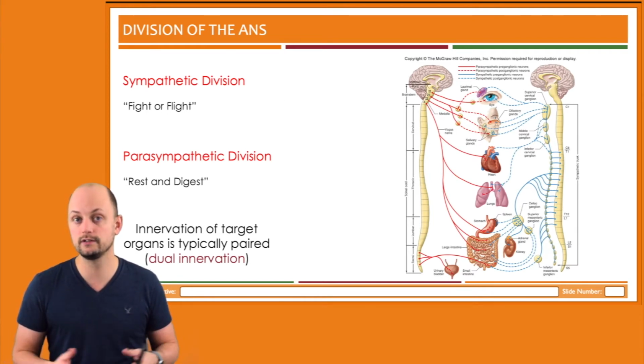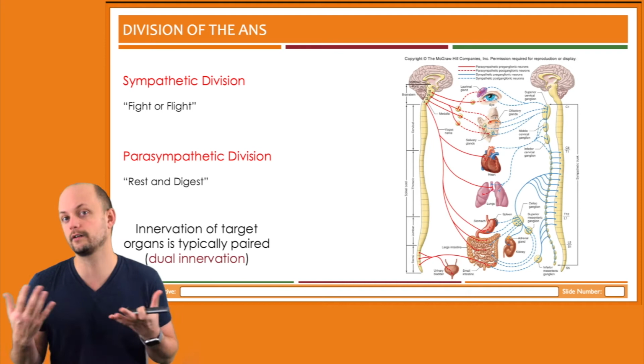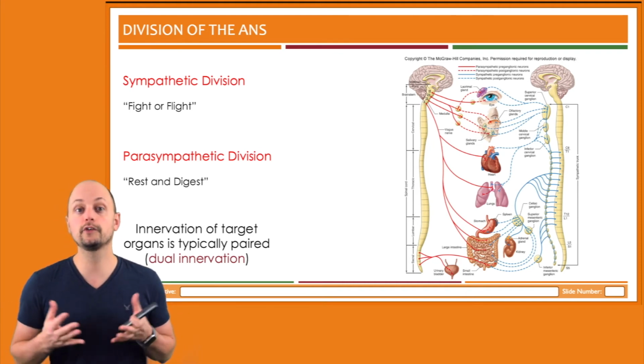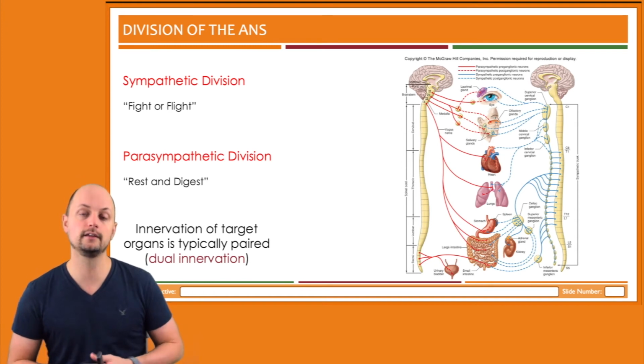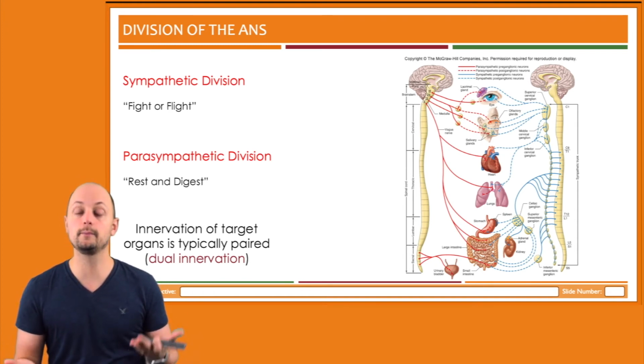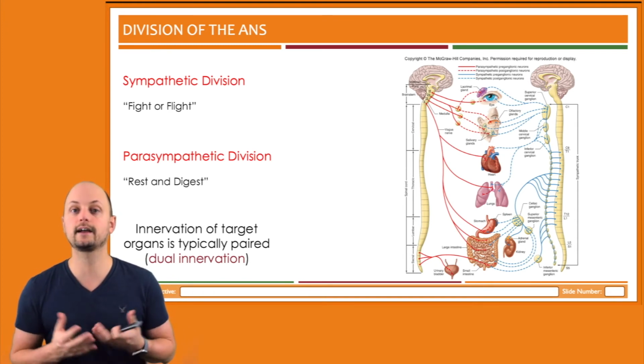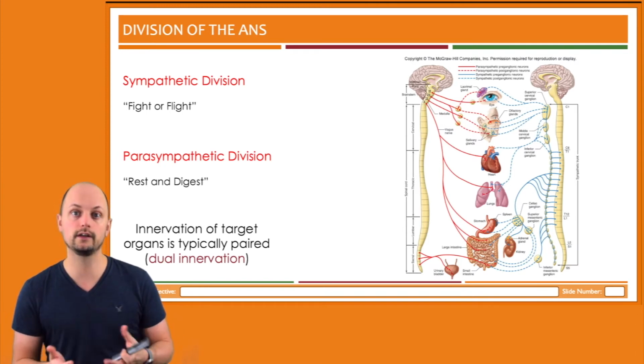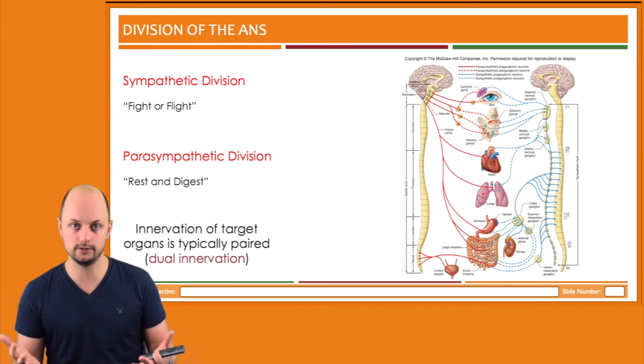There's a couple exceptions. Again, skeletal muscle, because it's not part of the autonomic nervous system, but there's a few other exceptions too. But for the most part, every single organ is innervated by both divisions, and that concept is known as dual innervation. Every organ receives input from both divisions.